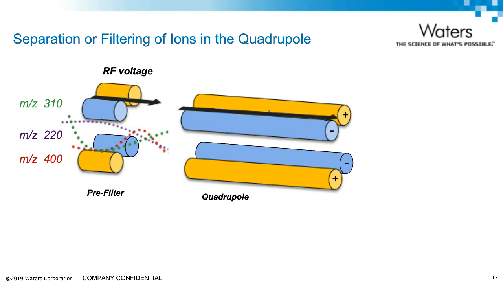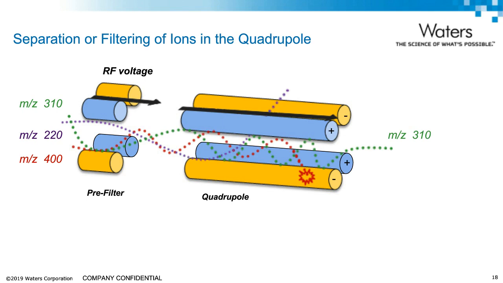A combination of RF and DC voltages are applied to the quad to create a fluctuating field, which will in turn allow for only one specific mass-to-charge ratio to pass. All other ions with different mass-to-charge ratios will strike the quad, become discharged, and the vacuum system will pump them away to waste.